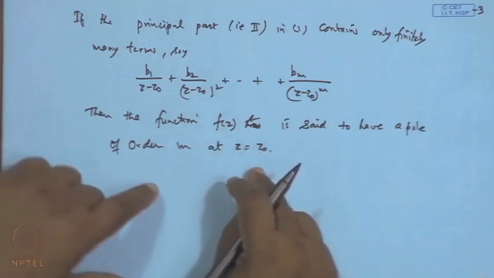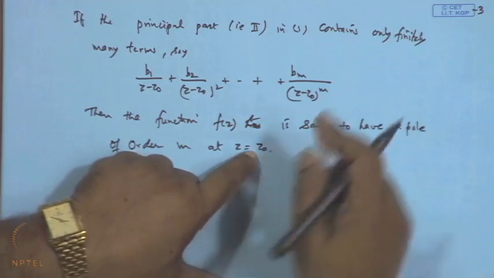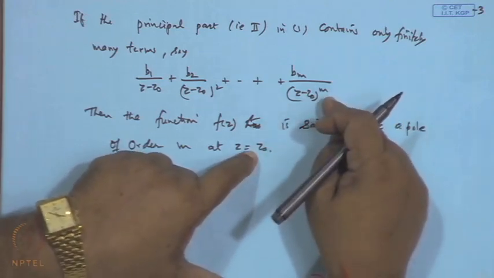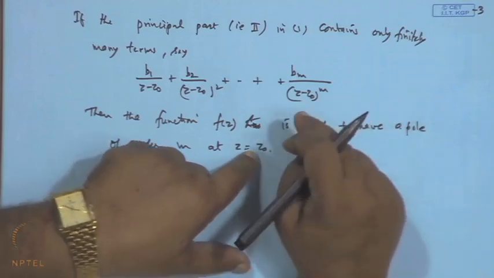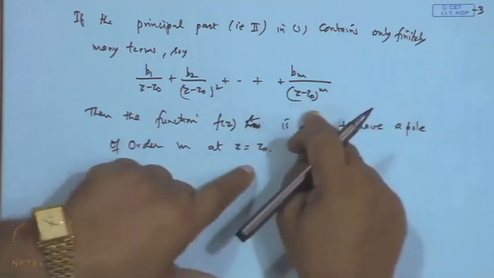This means this single point will be a pole of order m if the negative powers of z minus z naught in that series have only m terms, then it is of order m.